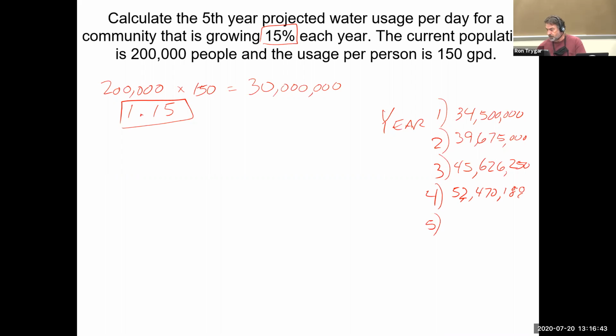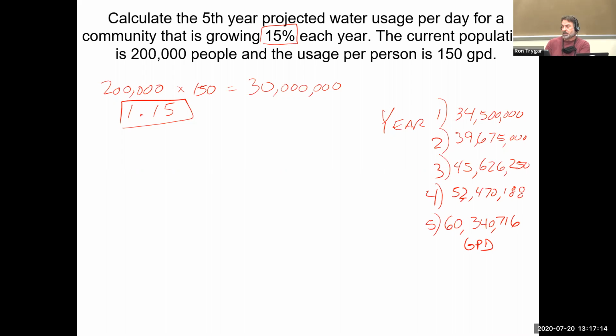I'm going to do a little rounding there. 52,470,188 gallons. And then finally for year number 5, times 1.15, and I'm going to be pumping 60,340,716 gallons per day on the 5th year of my water plant operation, based off of a growth of 15% per year.